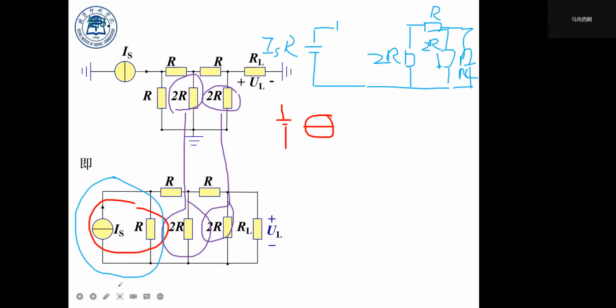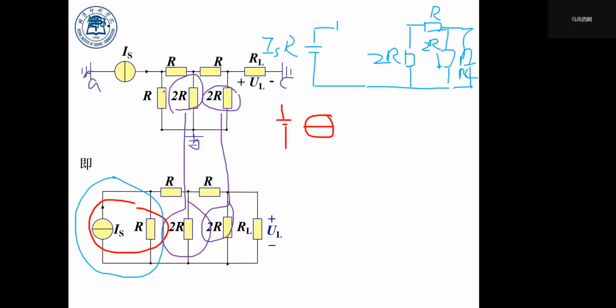From this diagram to the lower diagram, we didn't do anything. Since those three A, B, C are all connected, we just attach them together. This part, do you understand? Okay.